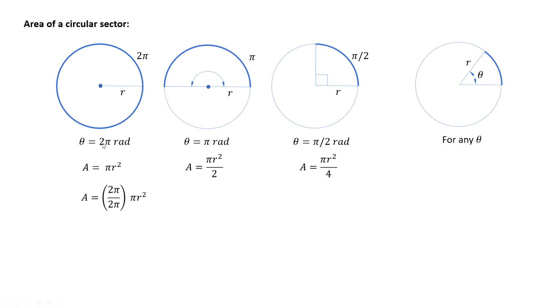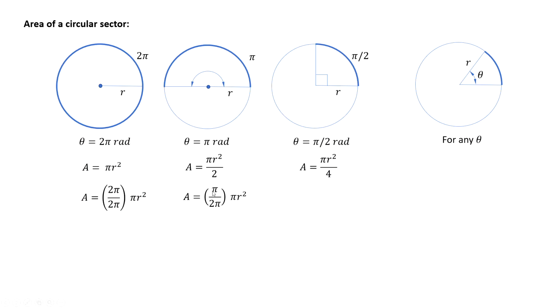Okay, when 2 pi, we have a 1. For pi, we have a 1/2. For pi half, we have 1/4. Well, if you didn't get that yet, no big deal. Don't worry about it. So, this 1, can I say 2 pi over 2 pi? Yeah.